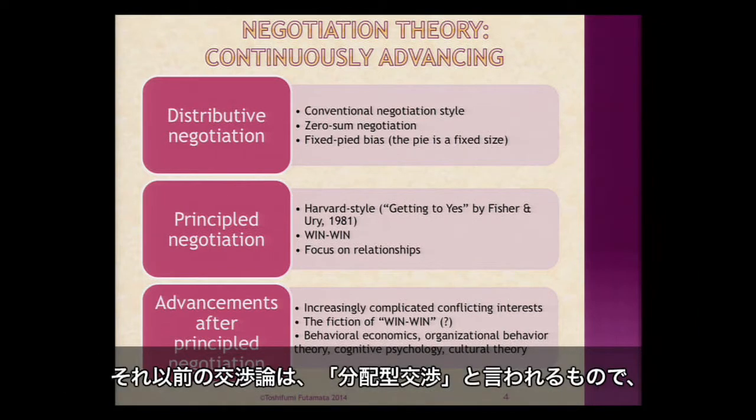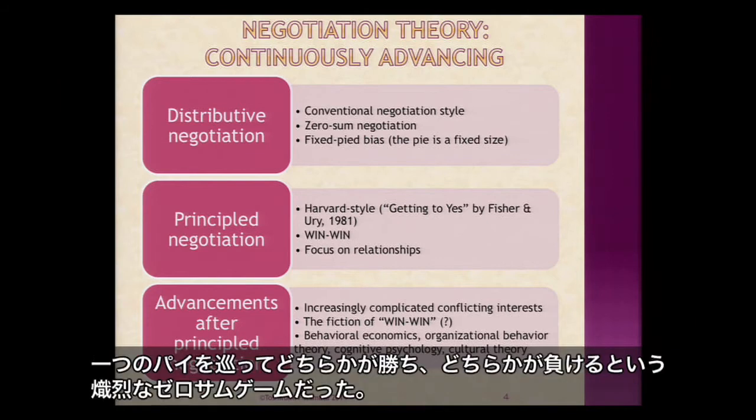Negotiation theory prior to this book was called distributive negotiation, or a zero-sum game with one winner, one loser. This is simple but harsh negotiation, struggling over one piece of pie.